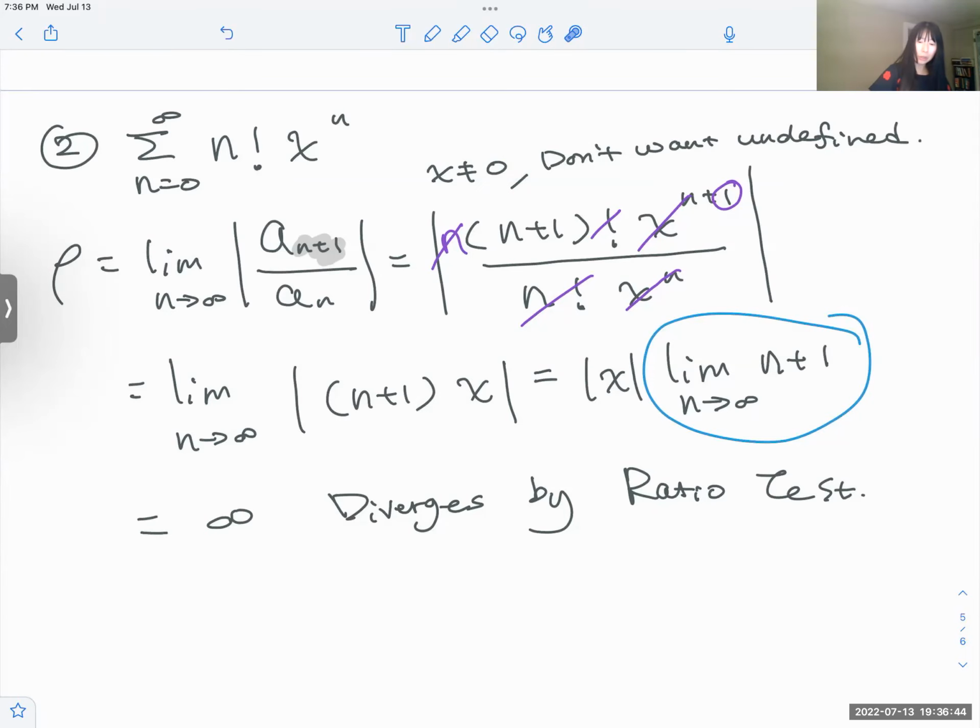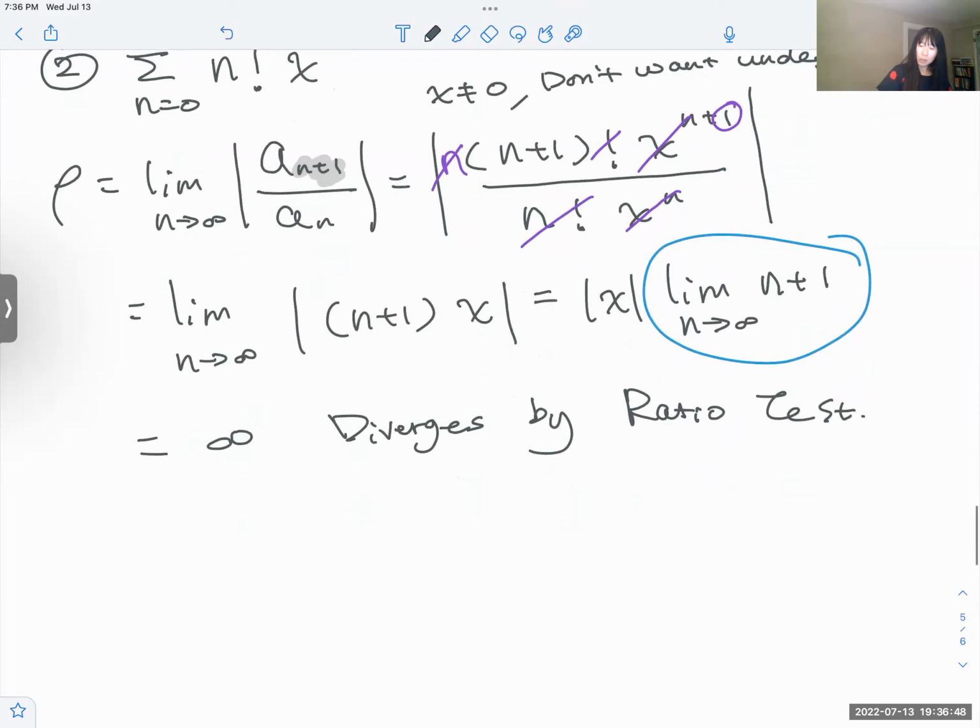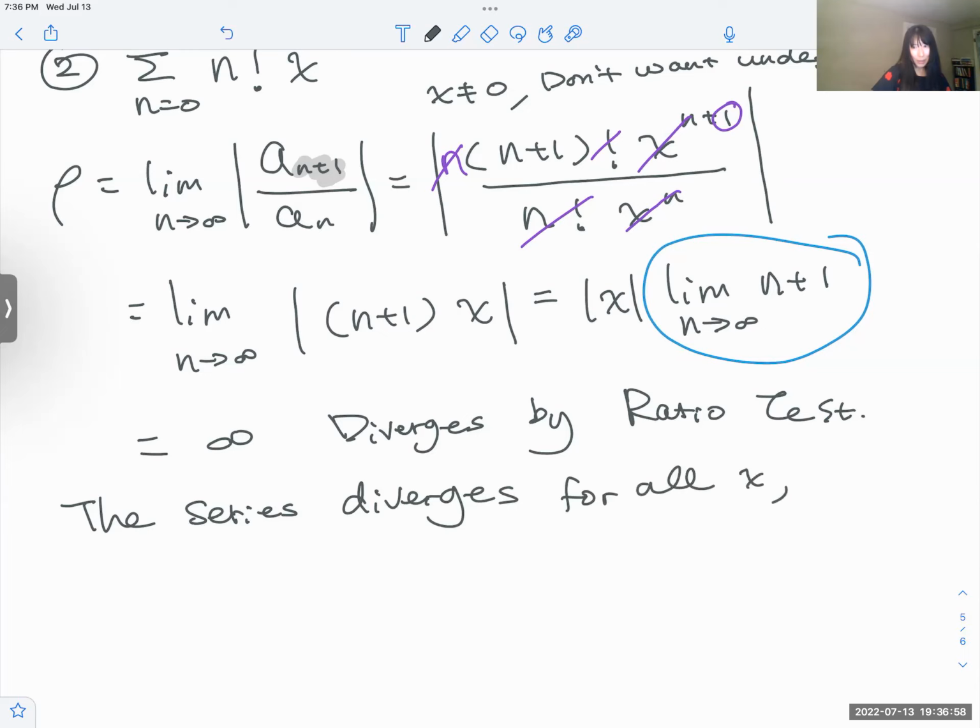So let me write down here: the series diverges for all x, except x equal to 0, okay? All right.